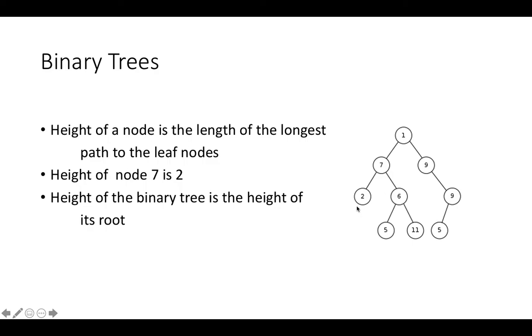This is the height of a specific node, but I can also say the height of the complete tree is equal to the height of the root node. So in this example, the height of this tree is 1, 2, 3.